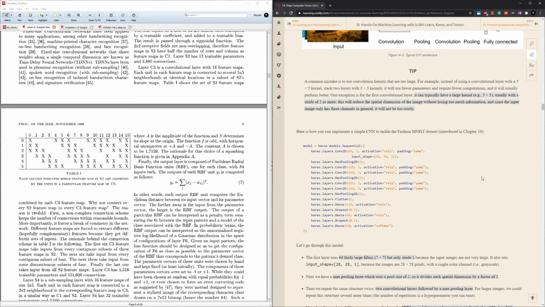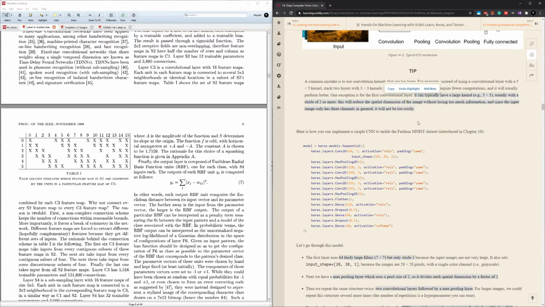It simply says that the 5x5 is the large kernel, and the difference from two layers with 3x3 kernels is that those 3x3 will use fewer parameters, require fewer computations, and will perform better when stacked upon each other.